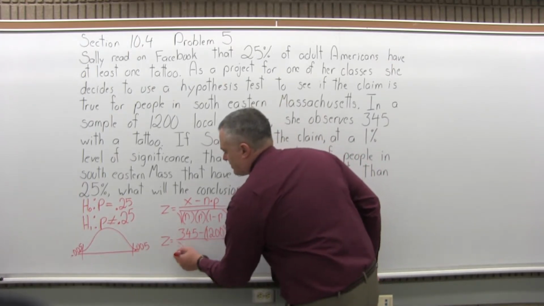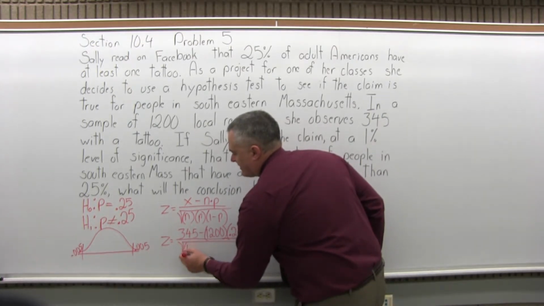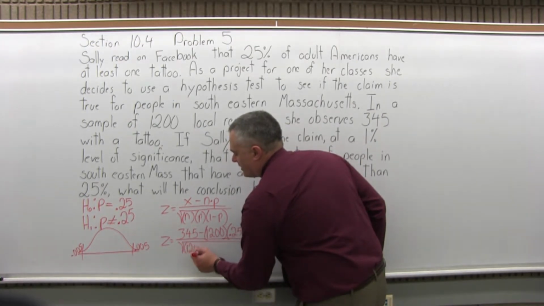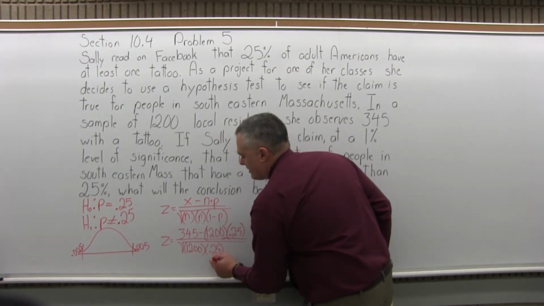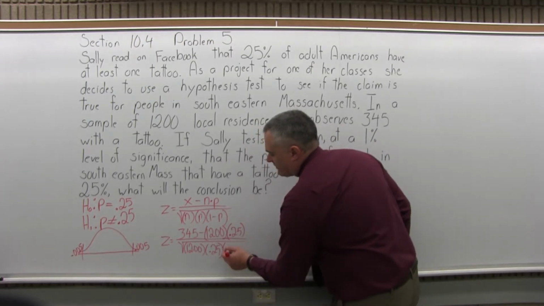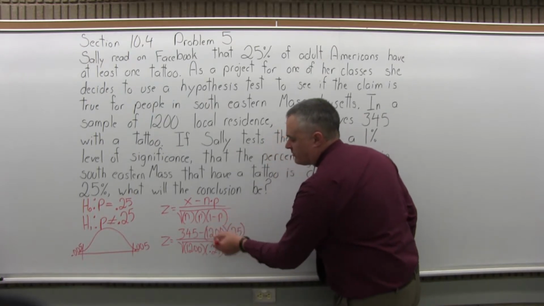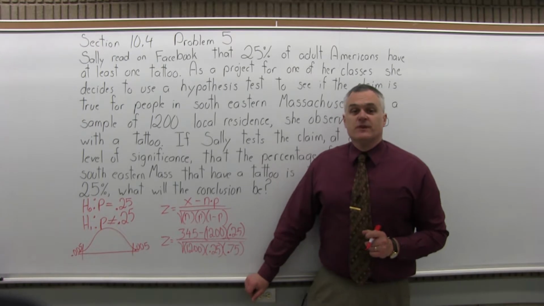And in the denominator, the square root of n times p times 1 minus p. So n, again, is 1,200 times p is 0.25 times 1 minus p. 1 minus 0.25, I'll just do the math right now. It's 0.75, right? So that's how it would fill in.